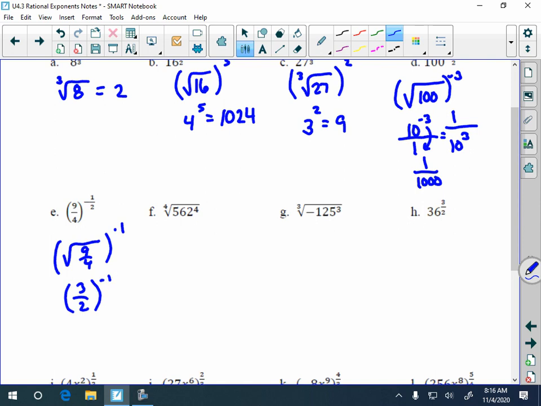But then you can bring that negative 1 on the inside, so it's 3 to the negative 1 over 2 to the negative 1. And with negative exponents, you can flip them. So now it becomes 2 to the first on top and 3 to the first on the bottom. So 2/3.